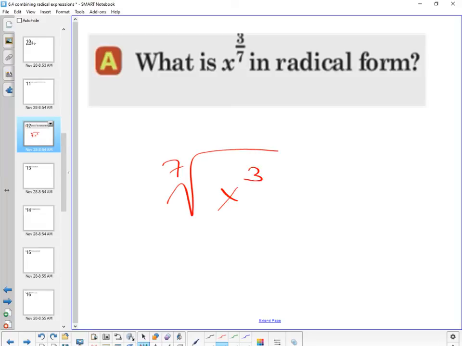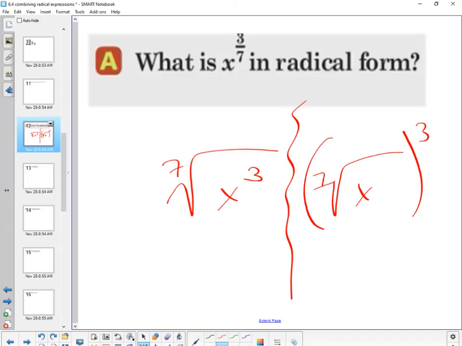Now, just a heads up, you can write it like this, or you can kick that 3 to the outside if you wanted to. Okay, so both of those are equivalent. Wait, so the 7 goes in the... It's the power of the X. Okay? We're good?